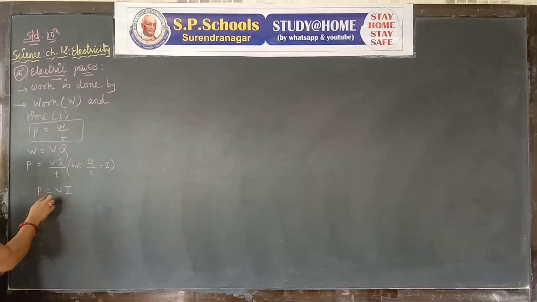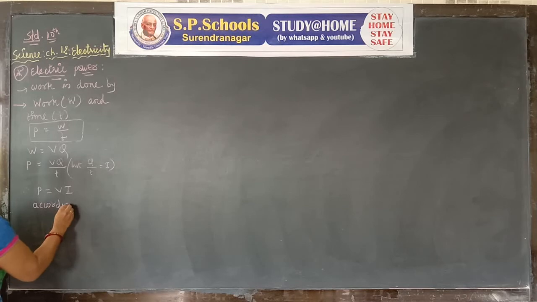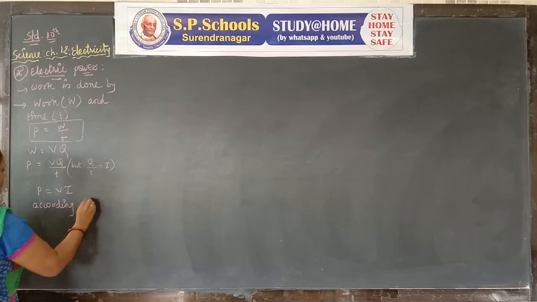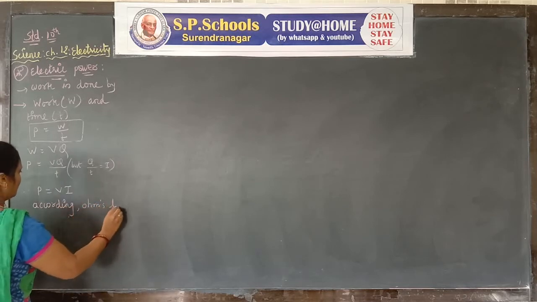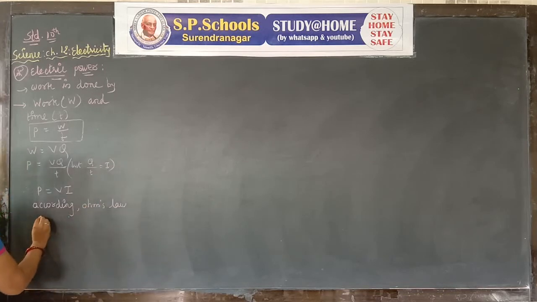In the formula P is equal to VI, we apply Ohm's law, V is equal to IR.